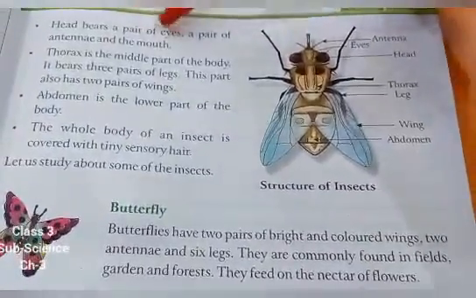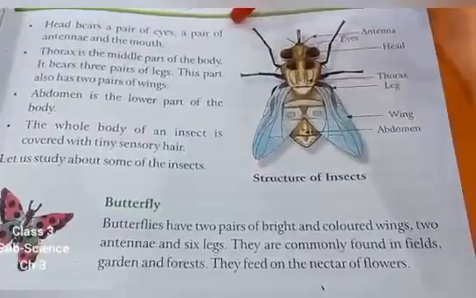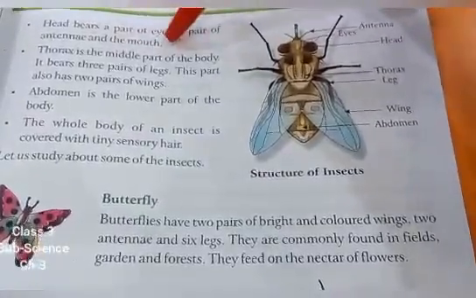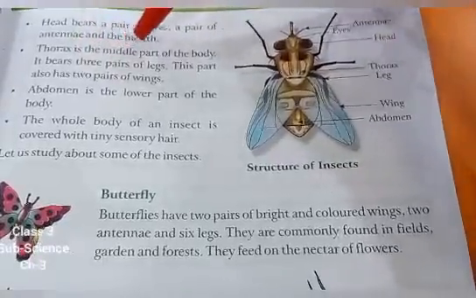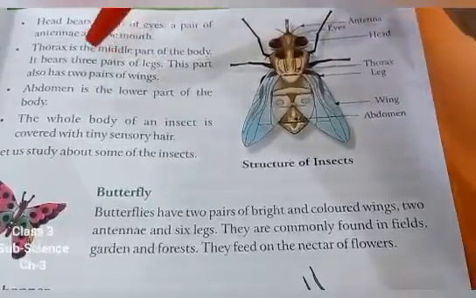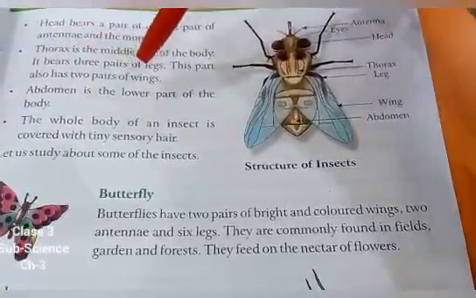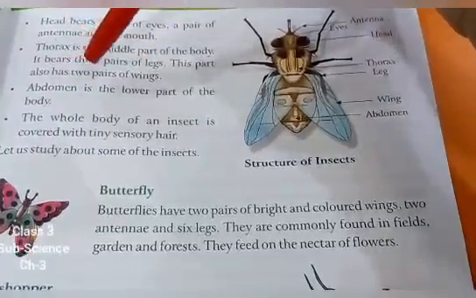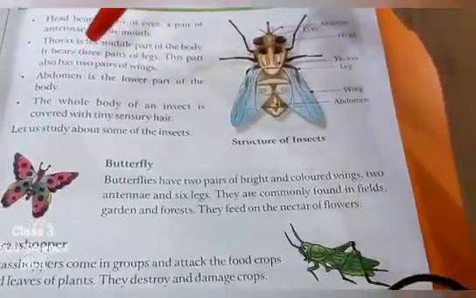Now on page number 45, head bears a pair of eyes, a pair of antennae and the mouth. Thorax is the middle part of the body. It bears 3 pair of legs. This part also have 2 pairs of wings.